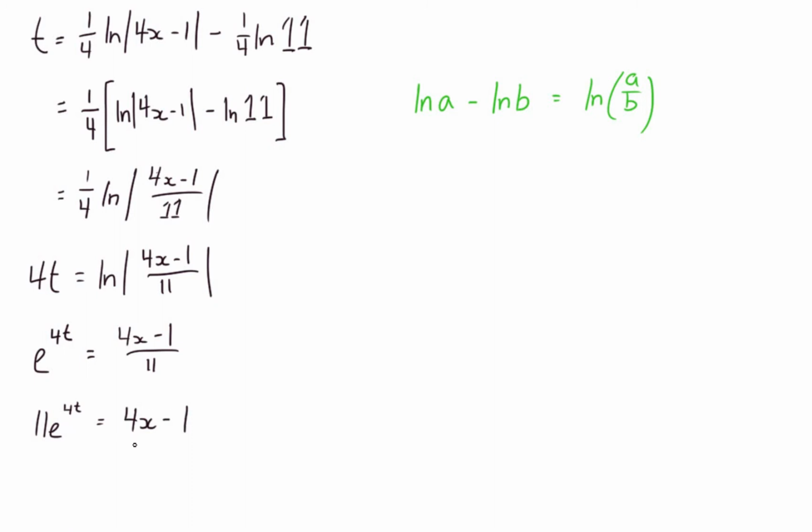Really close now, we're going to add 1 to both sides. And finally, we'll divide by 4. And just swapping it around so that x is on the left. We have our 11e to the 4t plus 1, and that's all over 4.